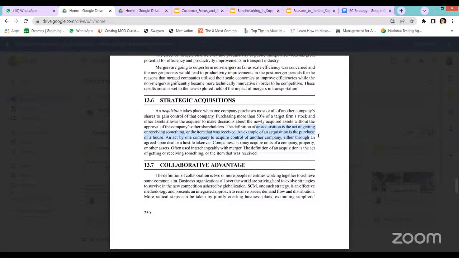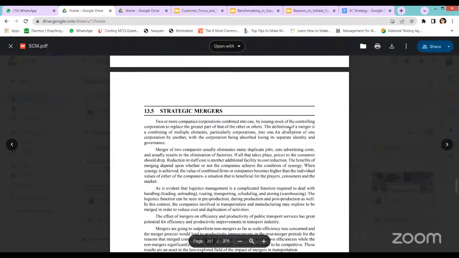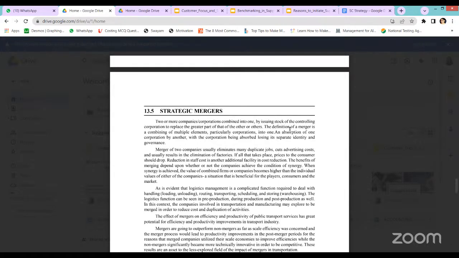Whereas what is a strategic alliance? A strategic alliance is a formal agreement between two or more firms to share resources, technology, and knowledge. If I'm good in resources, you are good in technology, and the other company is good in finance, these three will join together and enjoy the competitive benefit.